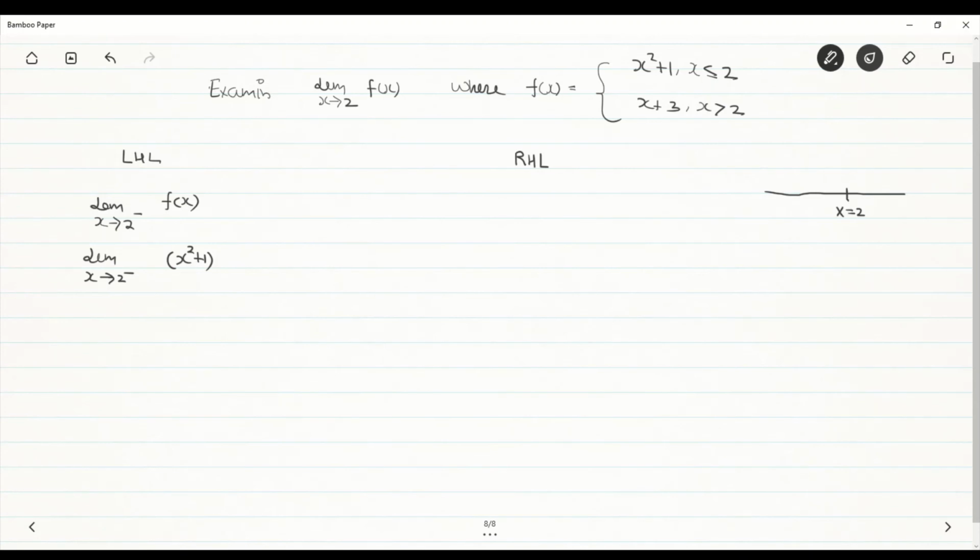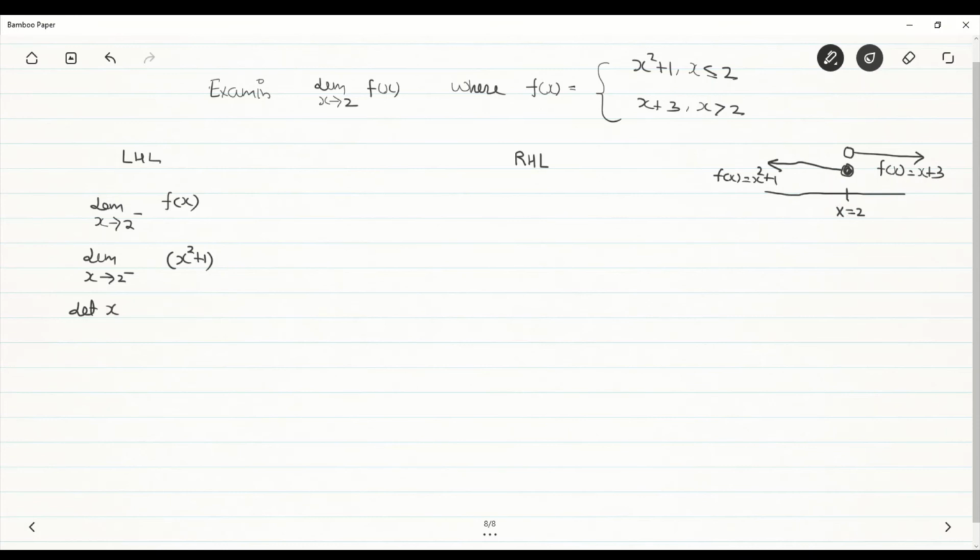If you look at the definition of the function, it says when x is less than or equal to 2, the value of the function f of x is given by x square plus 1. And at the same time, when x is greater than 2, the value of the function f of x is x plus 3. So accordingly we can see the function is behaving differently.